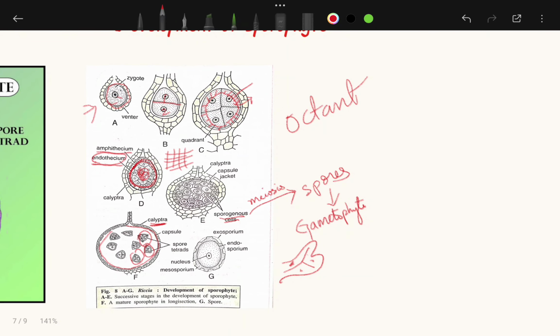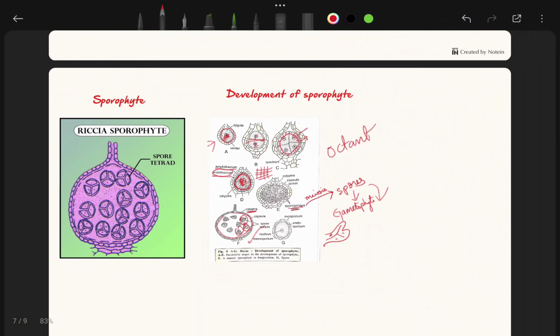The zygote will again start to divide and give rise to spores, and these spores on germination will give rise to the gametophyte. So this is the structure of a Riccia sporophyte.